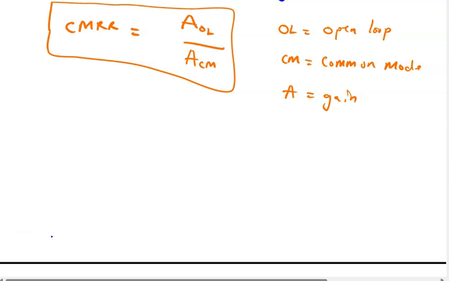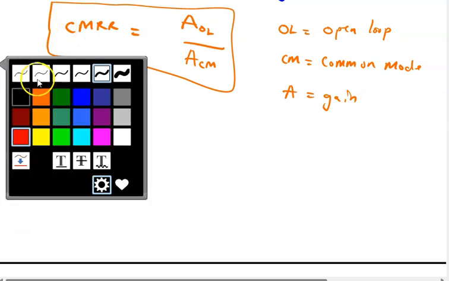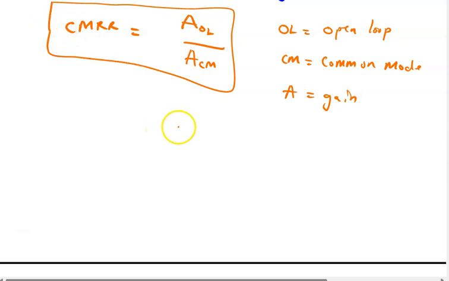Also in the question, you can be asked to convert it to decibel. Converting it to decibel is just going to be CMRR equals 20 log of the open loop gain divided by the common mode gain.